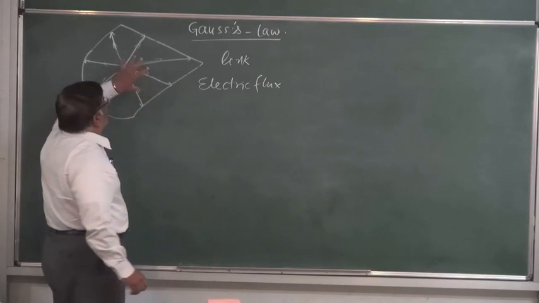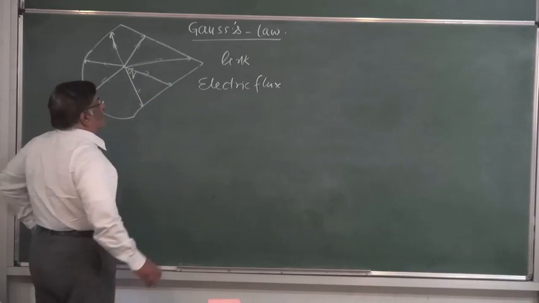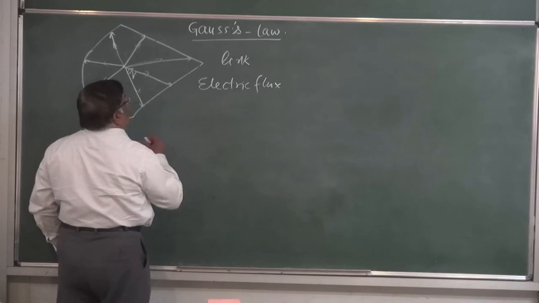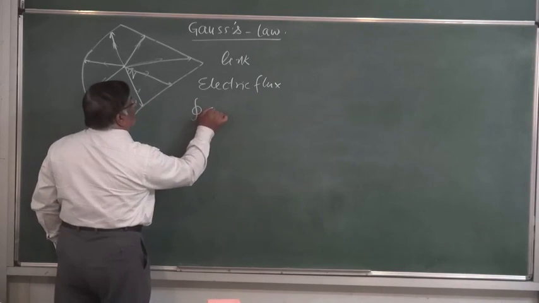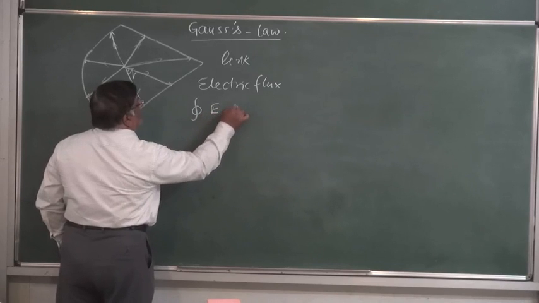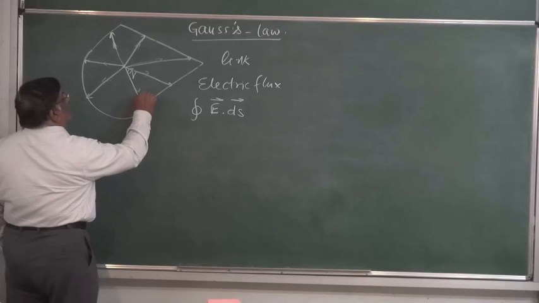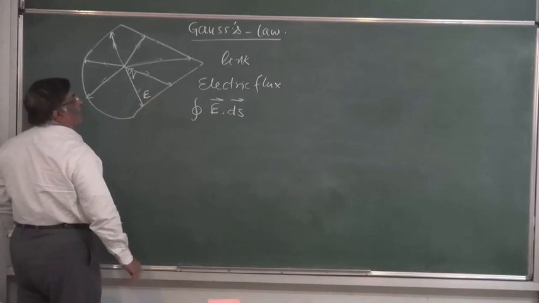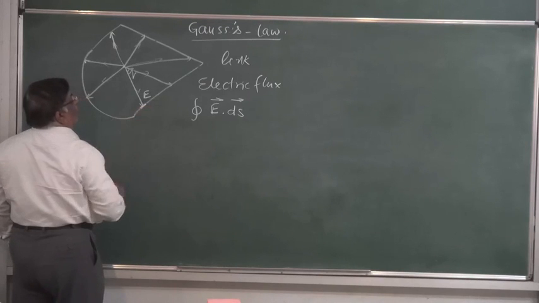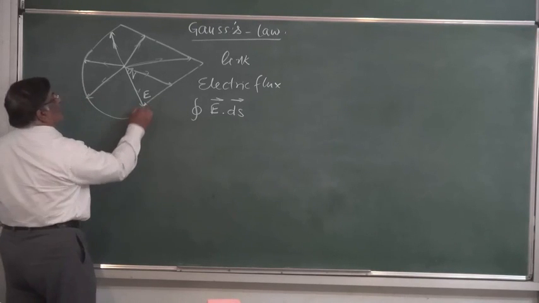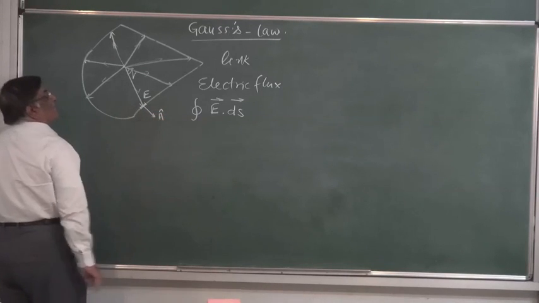So the electric flux here, how do we calculate it? We have studied that the total electric flux with the closed surface is the closed integral of E·dS. What is E? The strength of electric field at any location. dS is a small area, which has a vector direction.